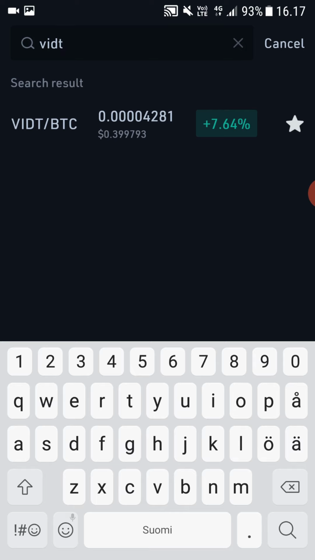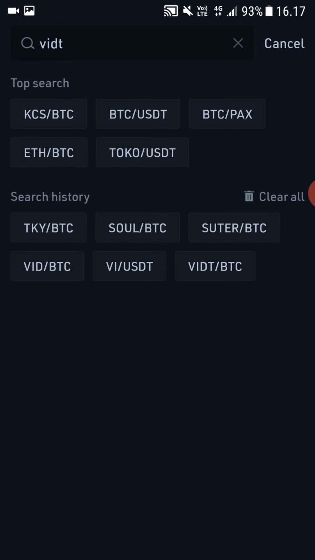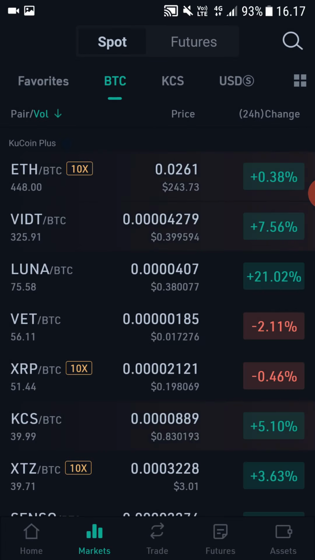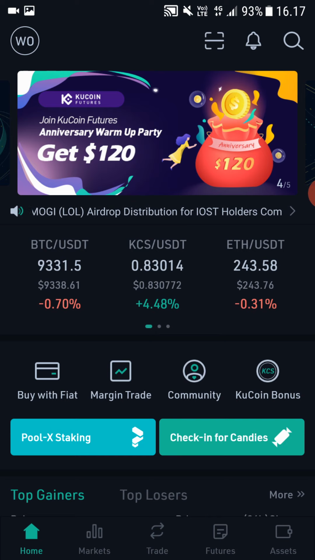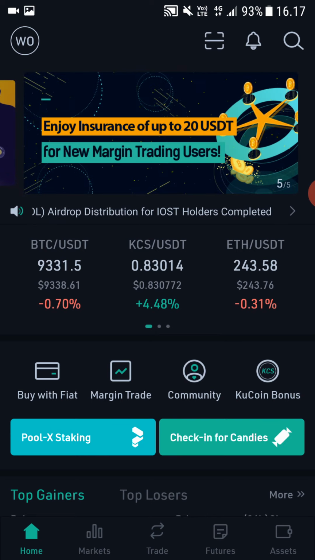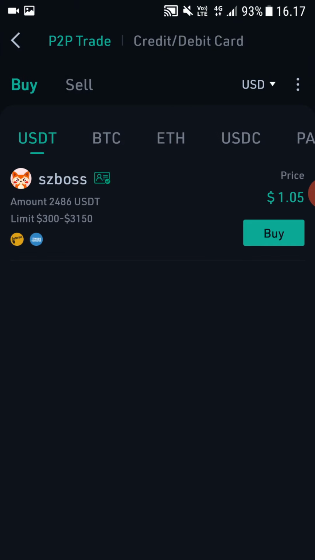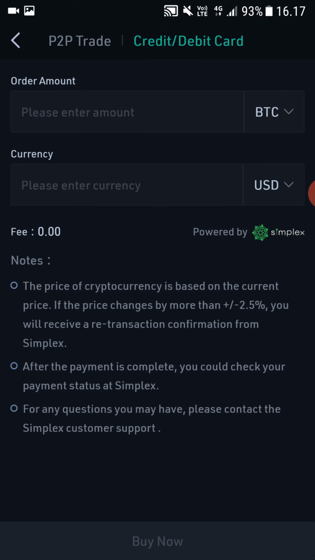You have to do that because you can't buy VIDT straight up with a credit card, and I'm going to show you now what I'm talking about. So when you go home and click buy fiat and then click credit and debit card, here's the place where you can buy cryptocurrencies with your credit or debit card.